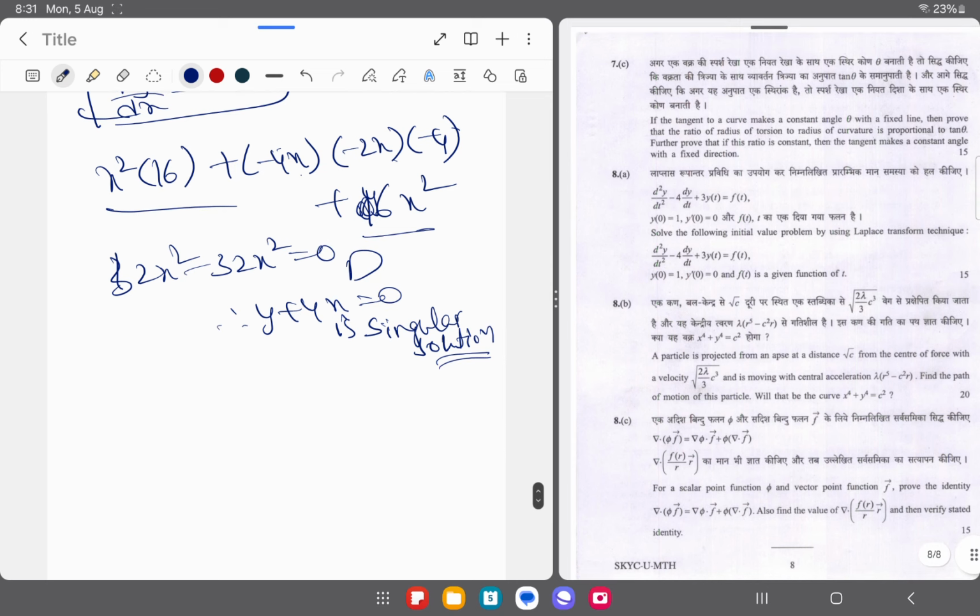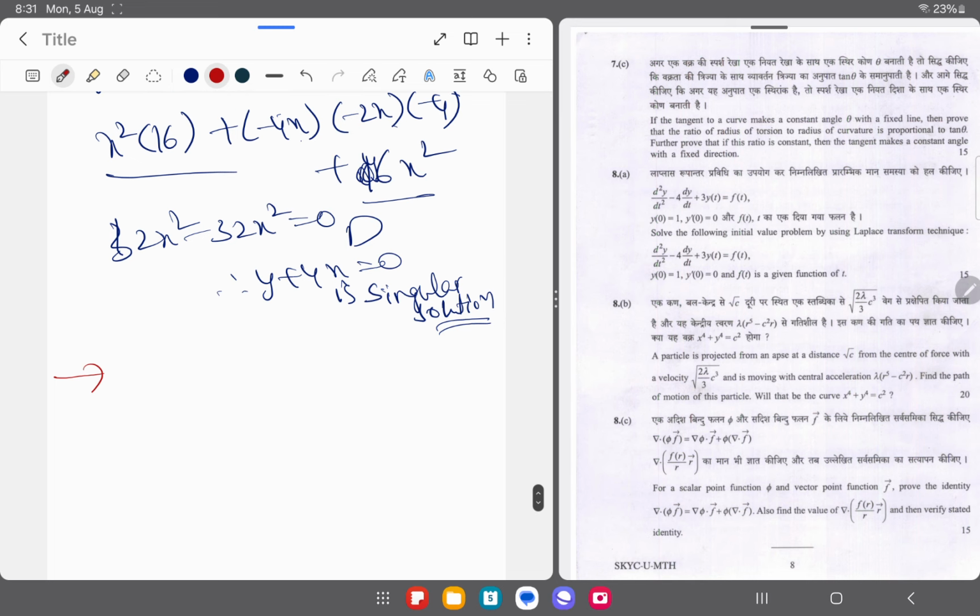So yeah, there is one more question. So this should be straightforward, right? Y double dash of t minus 4y dash of t plus 3 into y of t is equal to f of t, right?